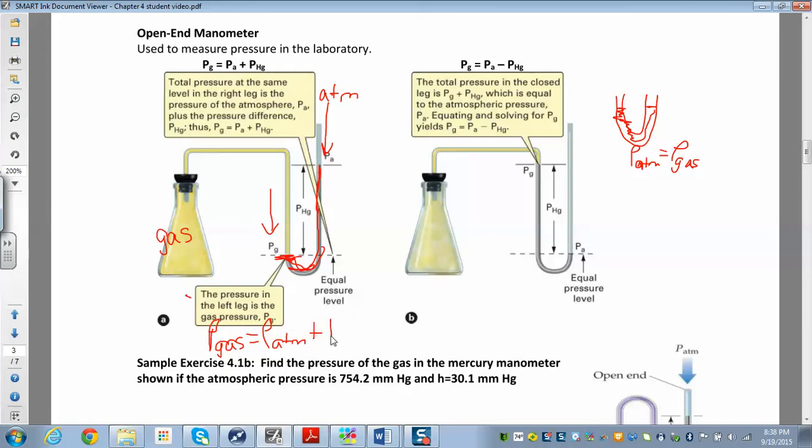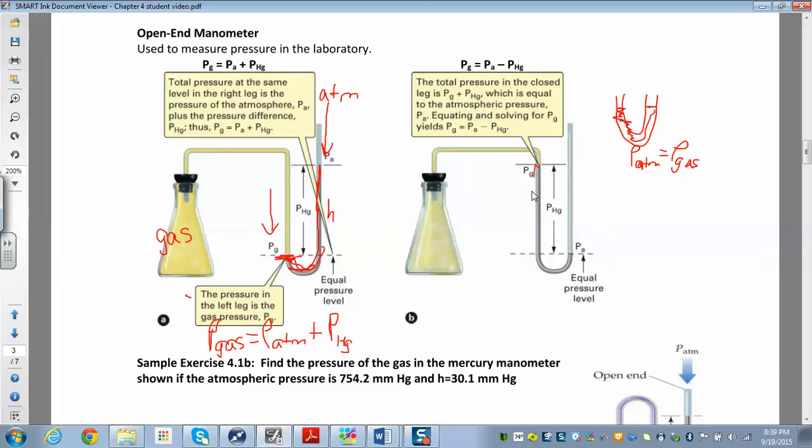So plus the pressure of the mercury, the height of the column of mercury. Sometimes that's just called H. So we'll call that H. That's just the height, the difference from here to here. So how much more is this gas pushing on this column of mercury than the atmosphere? Whatever the difference in the heights of the columns of mercury.